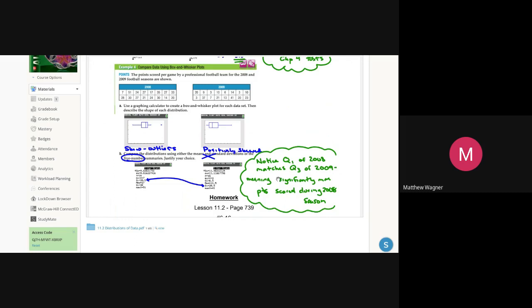So that essentially means that quartile 1 with 2008, quartile 3 of 2009, it just means there are significantly more points scored during that 2008 season because those points are obviously different. If we look, our median, this one is 27, this one's 11.5. There's a lot more points scored in that 2008 season. We have higher quartiles, higher mean, quartile 1, quartile 3, etc.